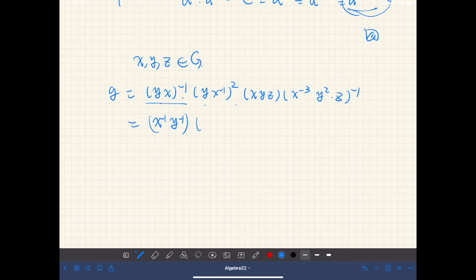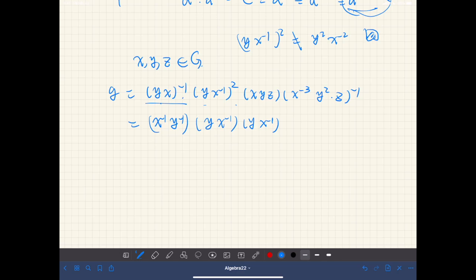And this one, just write the same thing twice. We are not assuming commutativity of elements, so don't write (yx inverse) squared as y squared x negative 2.